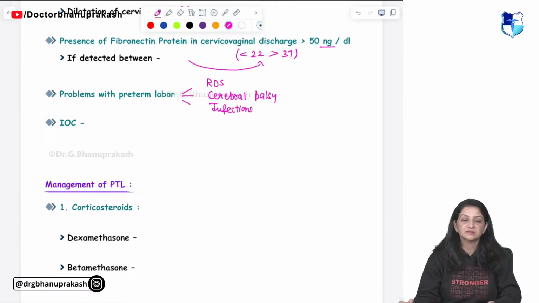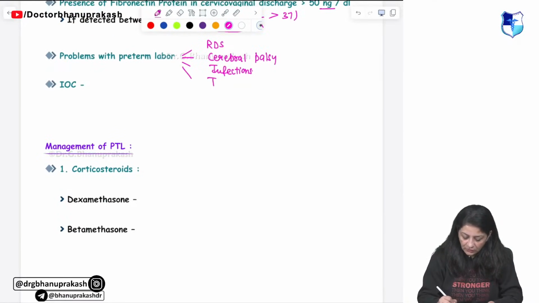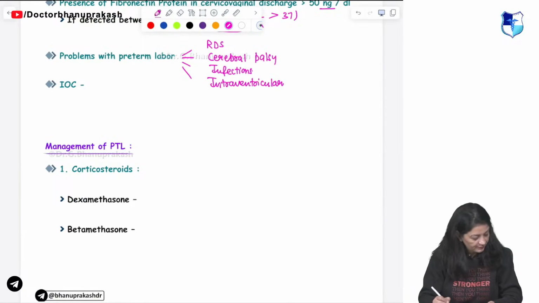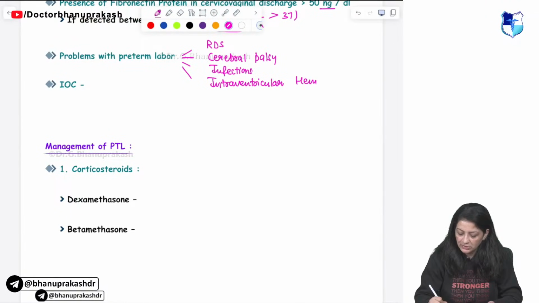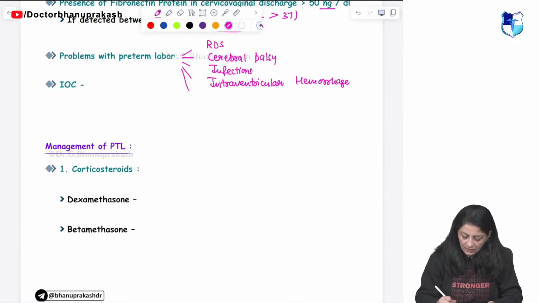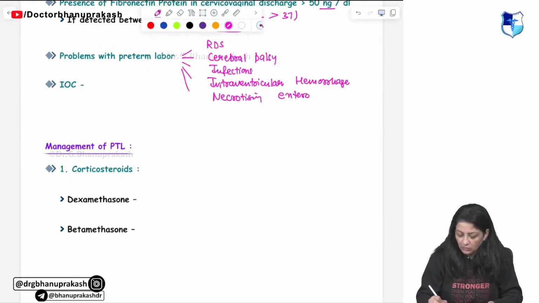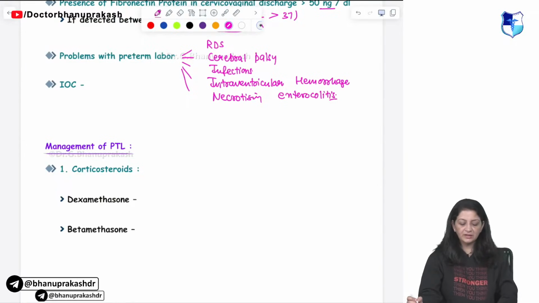Also intraventricular hemorrhage and necrotizing enterocolitis. So these are the complications in case of preterm labor.